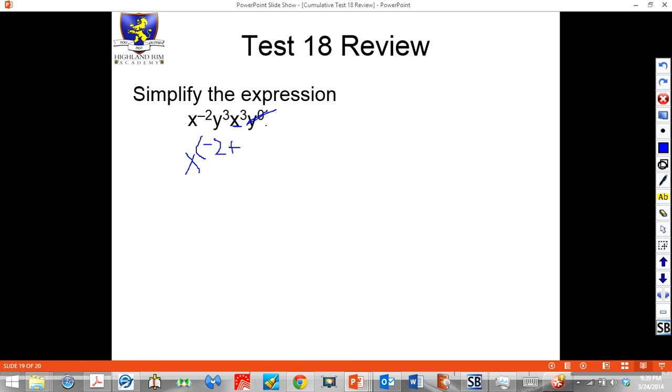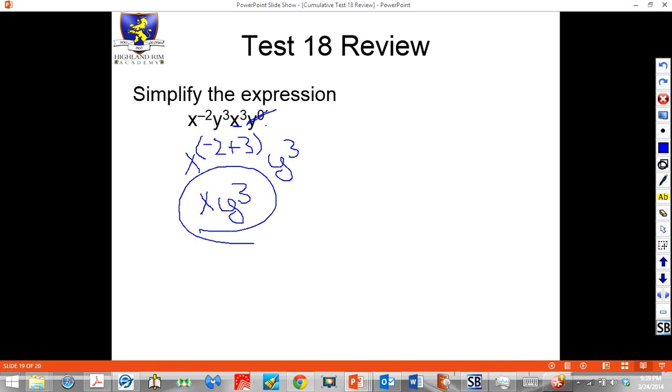So it's plus 3, times y cubed. And so negative 2 plus 3 is 1. So we have x to the 1, which is x, times y cubed. And you know what? That's all it takes. It's not that hard of a problem. So that's your answer.